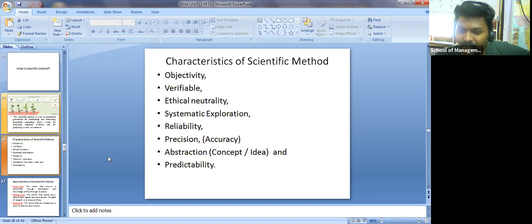Then will you rely on that? If I take paracetamol, then definitely after 2 or 4 hours my temperature is going to come down, right? Hope you understand. Reliability is how far you have accuracy by taking that particular medicine or doing that particular thing, how far you rely on that.